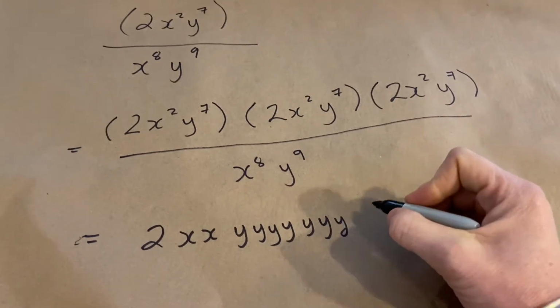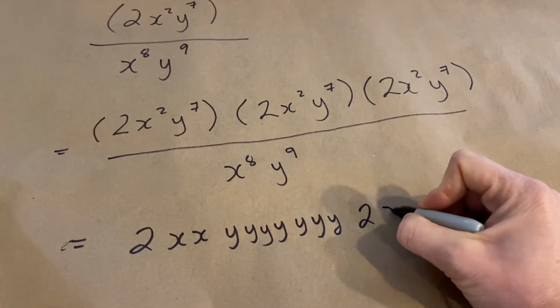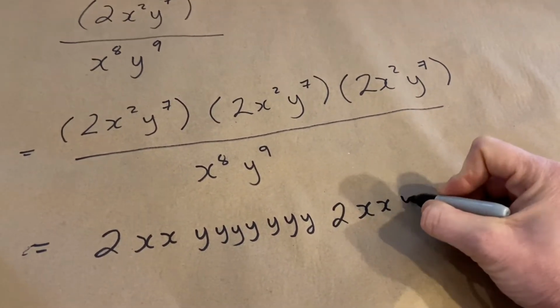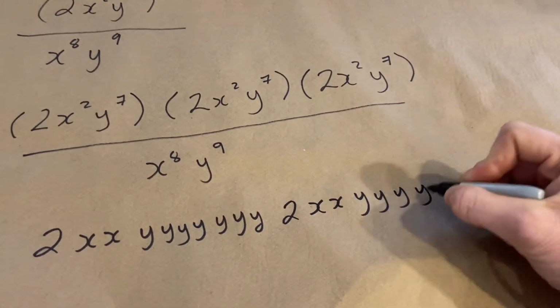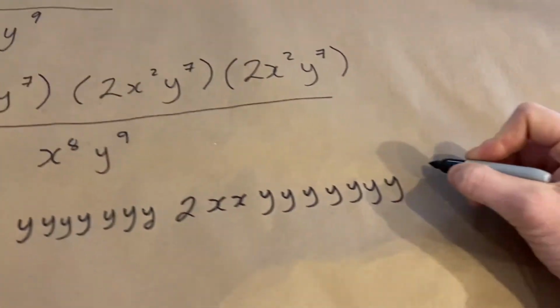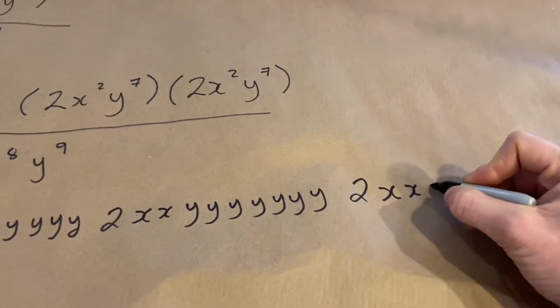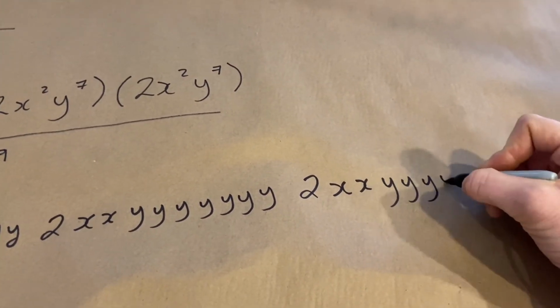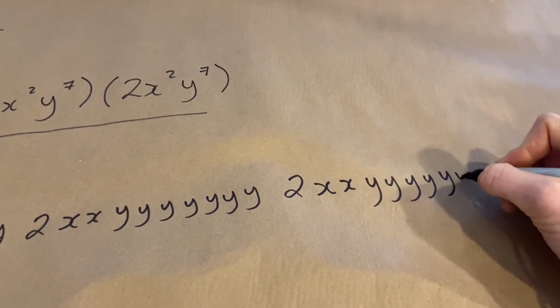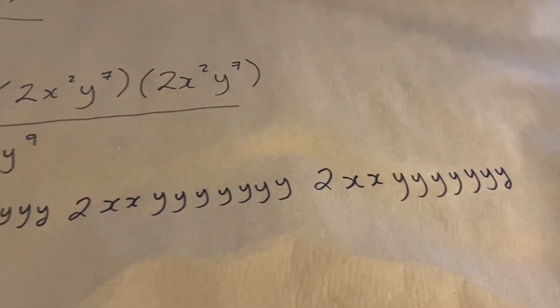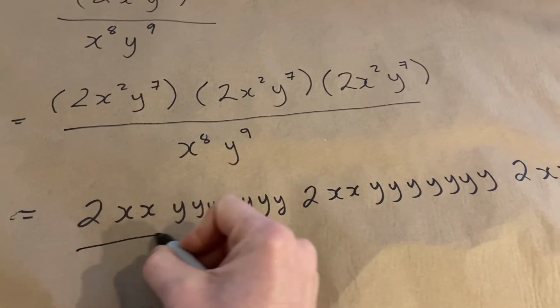And then I've got another 2, x, x, y 7 times: 1, 2, 3, 4, 5, 6, 7. And then lastly, the final 2x squared, y to the exponent 7: 1, 2, 3, 4, 5, 6, 7. Okay, and then the bottom is pretty simple.